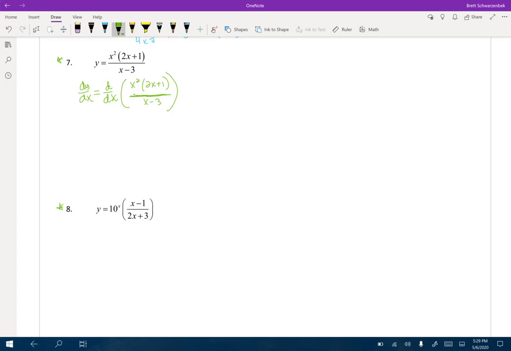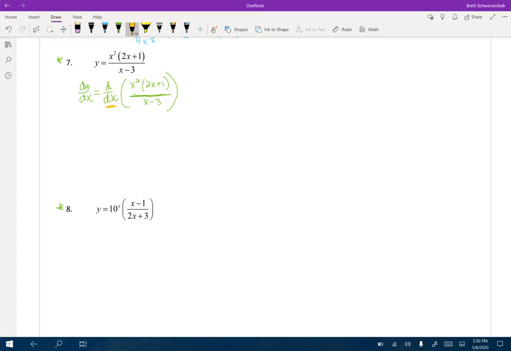There is a product. So what do students ask me right away? Do I do the product or the quotient first? That's the first question. And usually I ask the students when I'm doing this in class, and I will get half the students raising their hand for product and half for quotient. Well, believe it or not, there's only one right answer. So how do we know? The question I ask immediately is, in this problem, are we taking the derivative of a product or a quotient in the beginning?